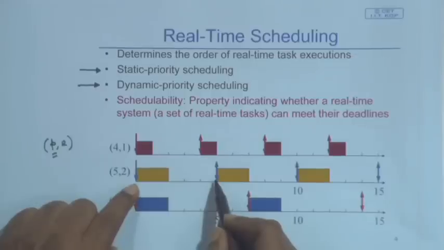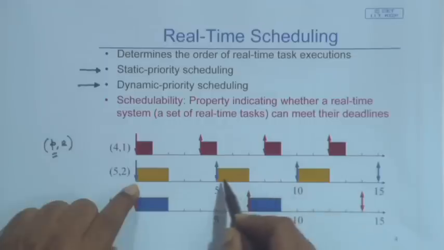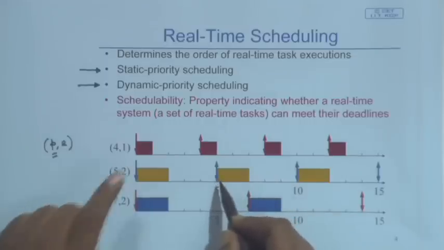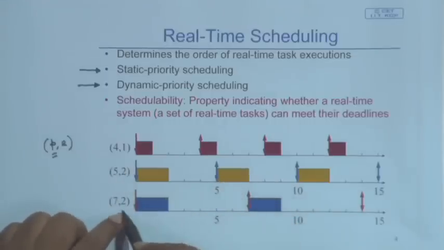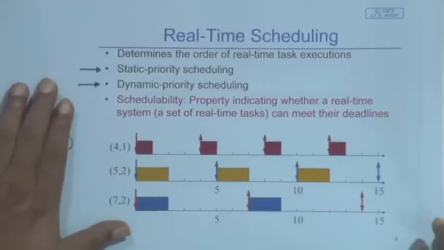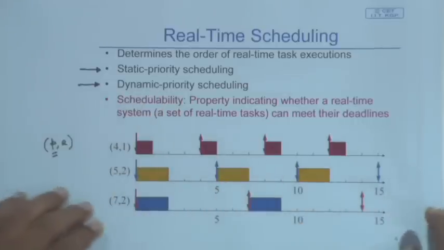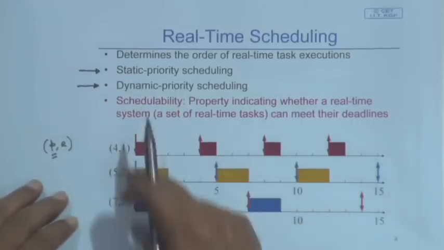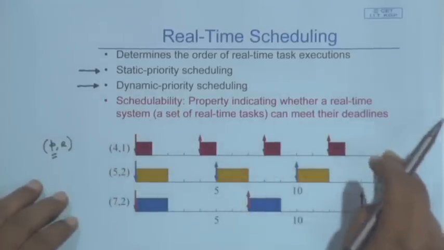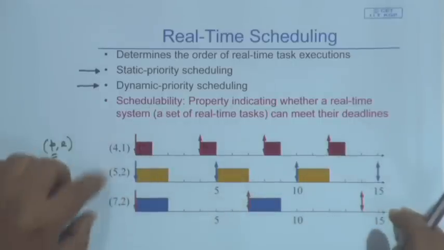The deadline can be less than this, but cannot be more than this. Similarly, for this one, the period is 7 and the execution time is 2. We will come back to this scenario again and try out different scheduling algorithms on this set of tasks.